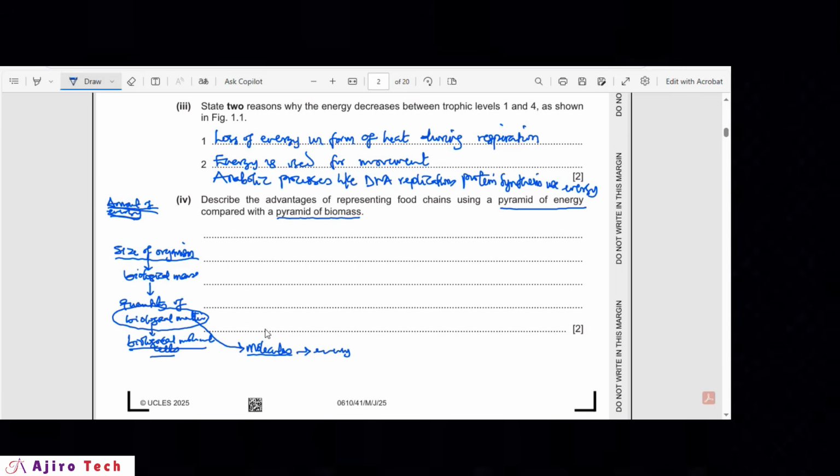So the pyramid of biomass provides precise information about energy transfer or loss.